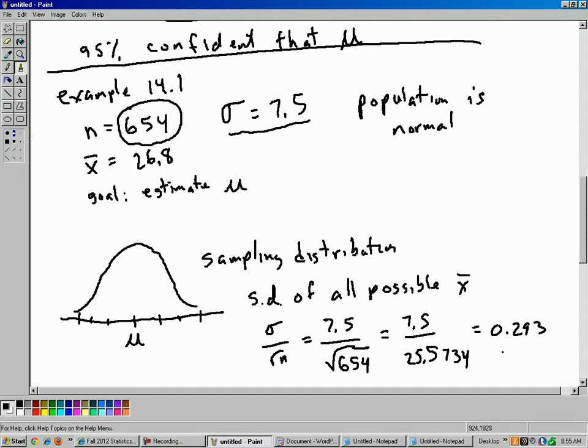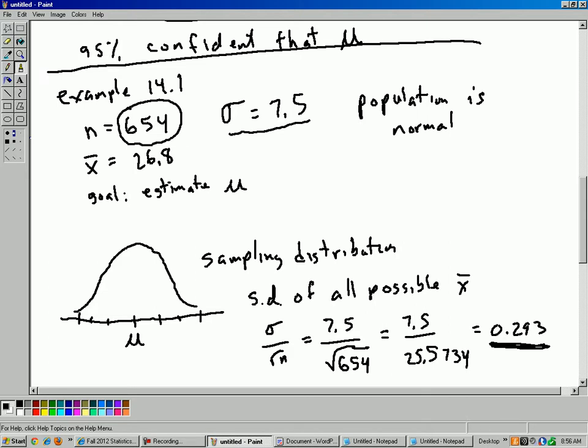And so our standard deviation of all the possible x bars is 0.293 because out of a sample size of 654, you're almost guaranteed that a few of the women will be above average, a few women below average, most women will be close to the population mean, and so altogether, the standard deviation of the x bars, all possible x bars, is 0.293.